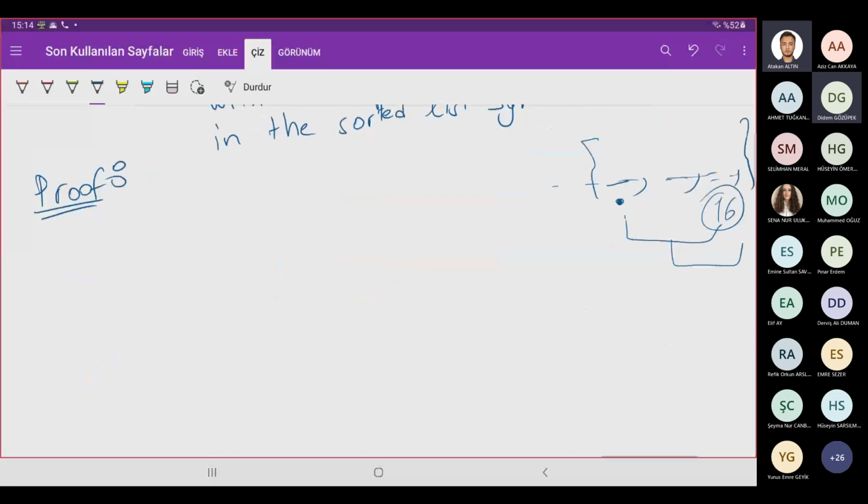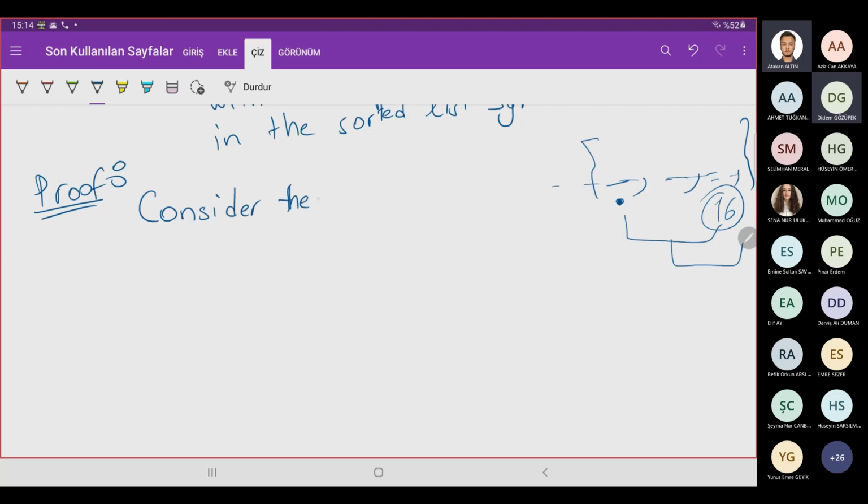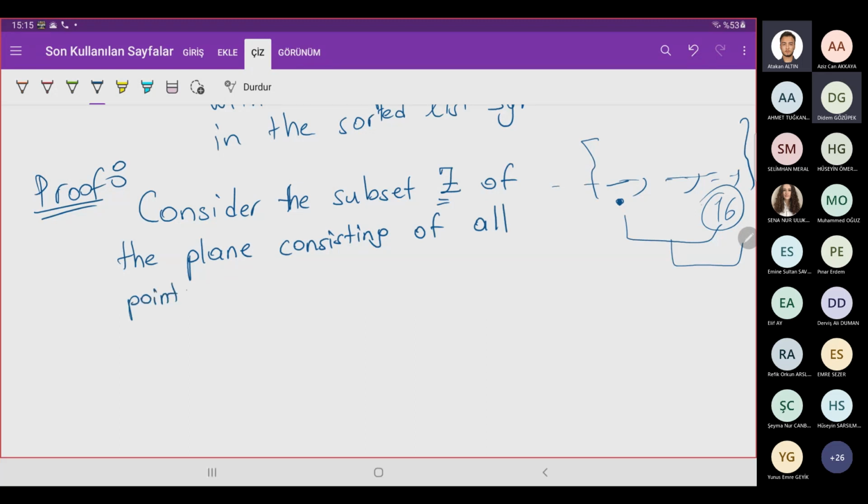We have time. So consider the subset Z of the plane consisting of all points within distance delta of L. So consider this subset.